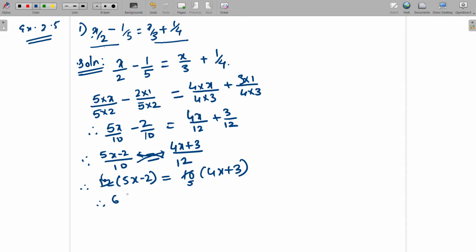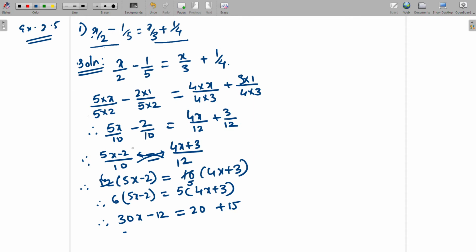Therefore this equation becomes 6 into 5x minus 2 is equal to 5 into 4x plus 3. Therefore, open the brackets: 30x minus 6 2s are 12 is equal to 20x plus 15.